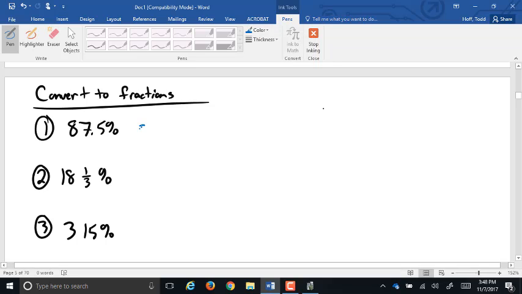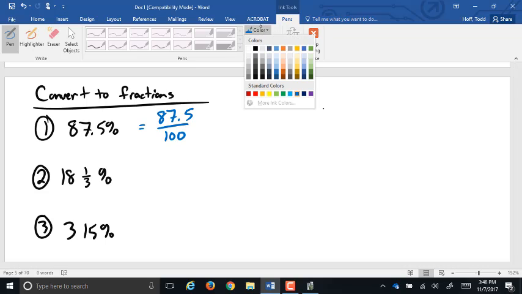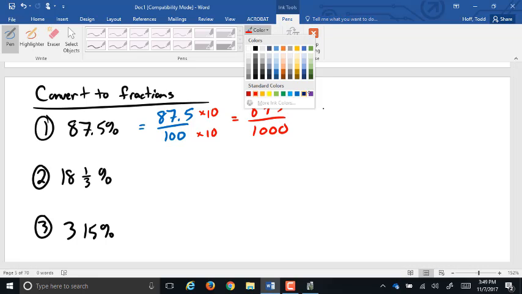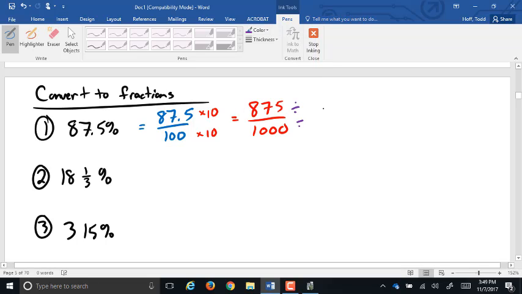So the first one up here, 87.5% becomes 87.5 over 100. What are we going to do from there? Multiply by only one decimal place, so we only have to multiply by 10. So 875 over 1,000, we can reduce by 75.